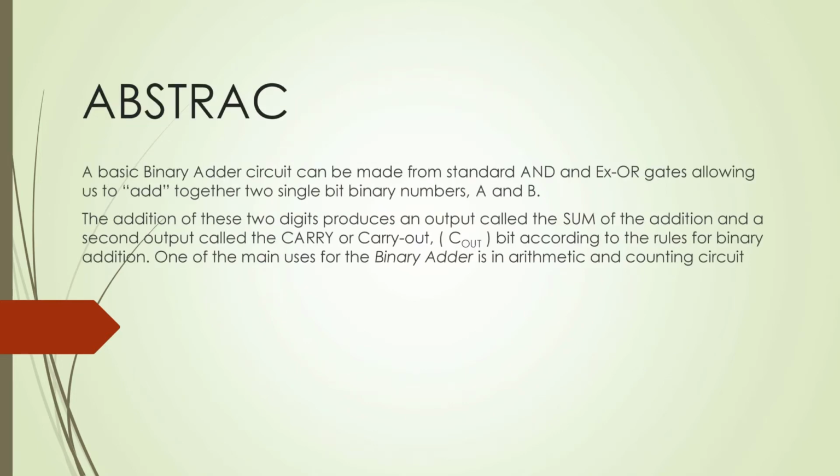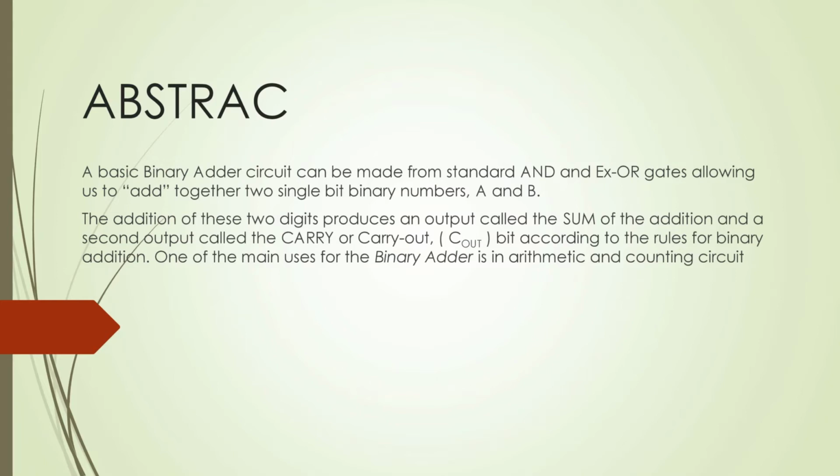A basic binary adder circuit can be made from the standard AND and XOR gates, allowing us to add together two single-bit binary numbers A and B. The addition of these two digits produces an output called the sum of the addition, and a second output called the carry or carry out bit, according to the rule for binary addition.